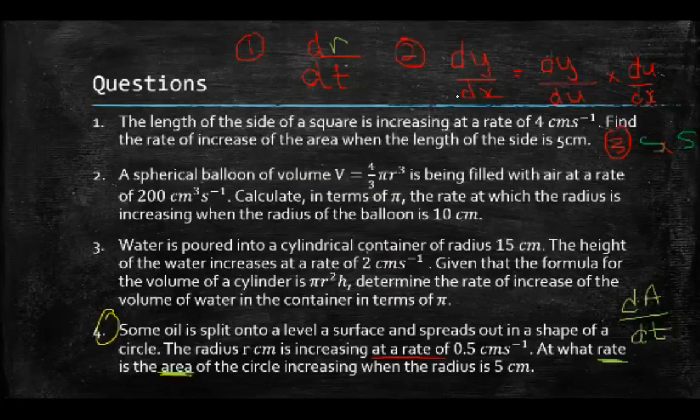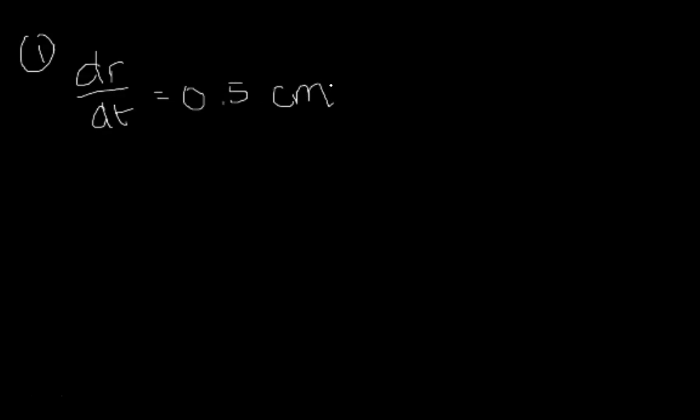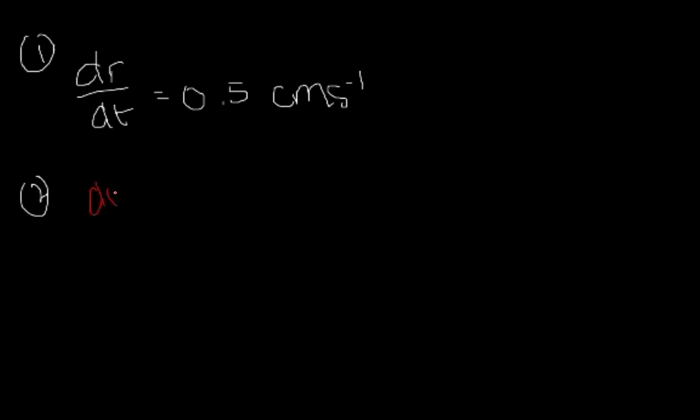So my dy/dx would be replaced by dA/dt. Let's go to the black screen. The first thing I know, dr/dt is 0.5 centimeters per second.